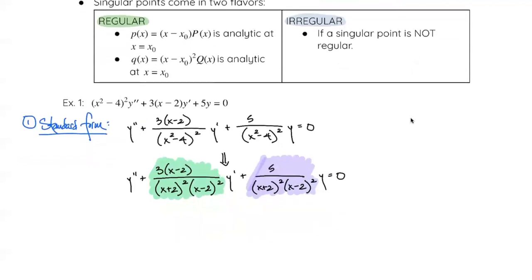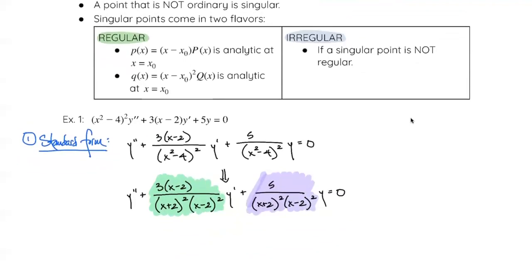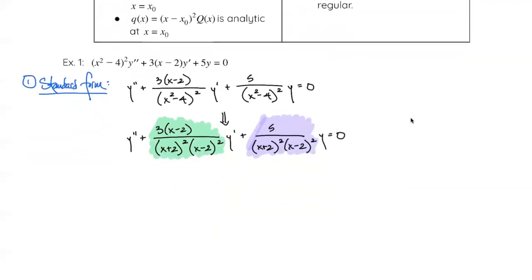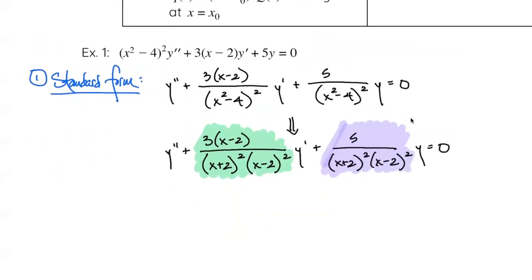All right, so what are we going to do from here? Well, the first thing we're going to do is take this original coefficient and solve for 0. Okay, so let me write that out. So we have our standard form. We're going to find where a sub 2 of x equals 0.